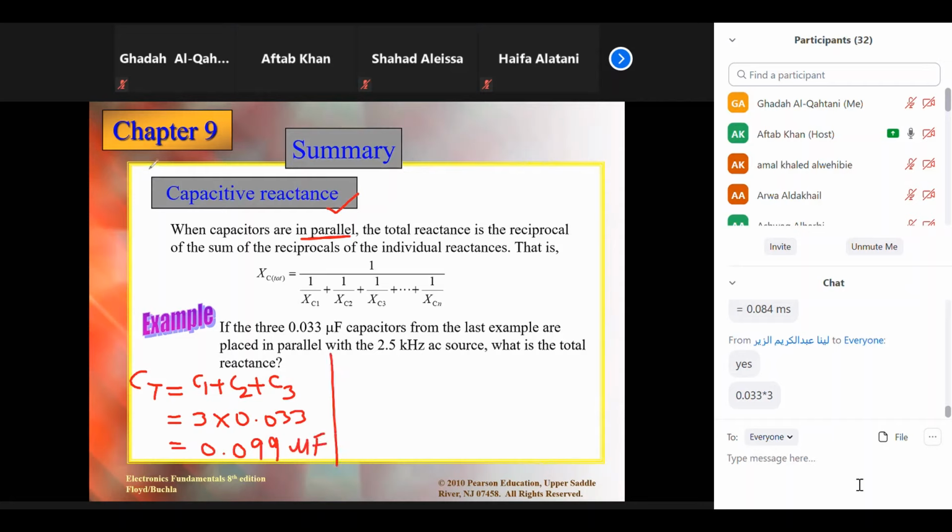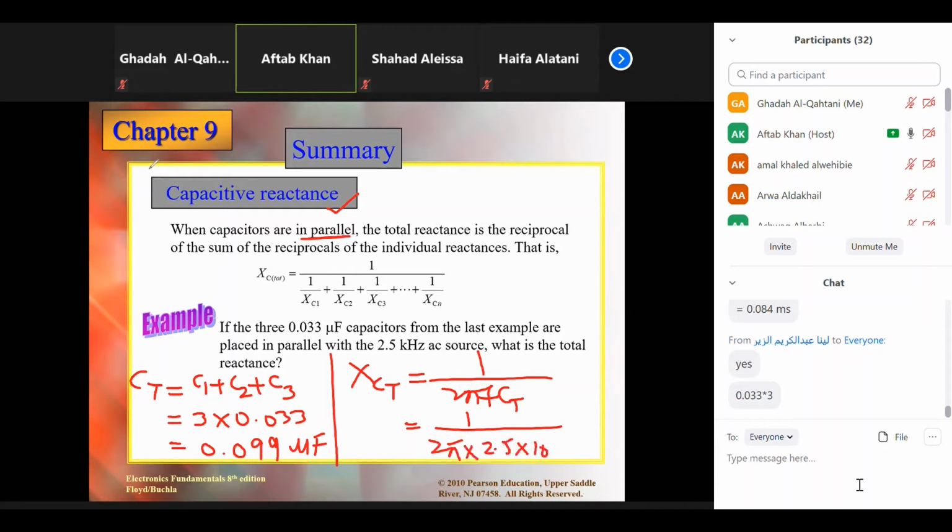Now after that, XCT is equal to 1 over 2 pi F CT. Just quickly calculate this one. F is 2.5 times 10 raised to power 3 and CT is given as 0.099 times 10 to the power minus 6. Kindly calculate it and check it. How much is it?